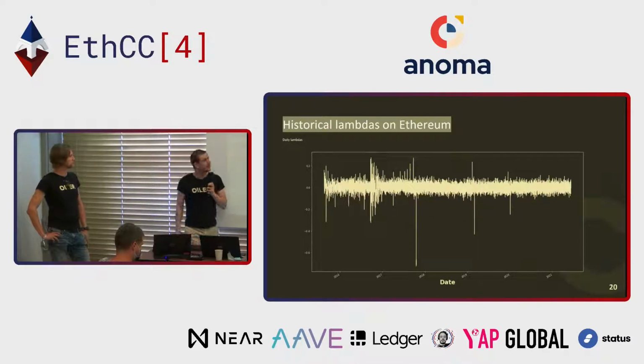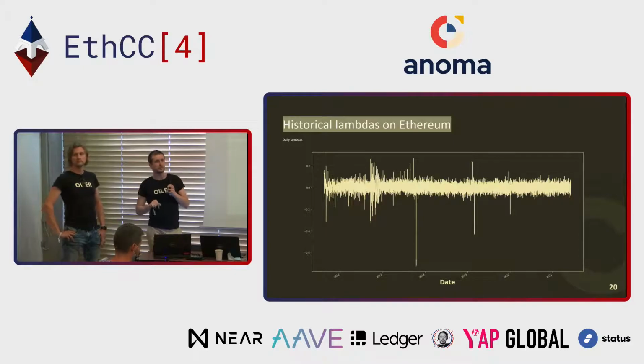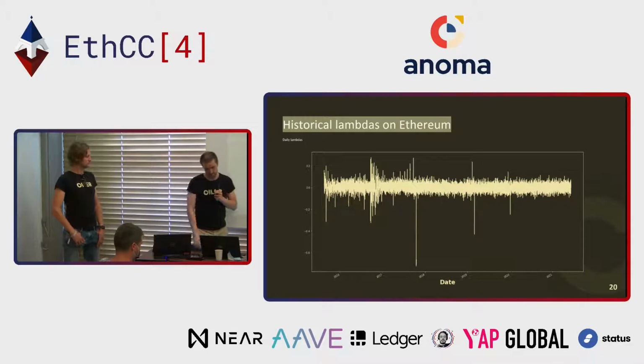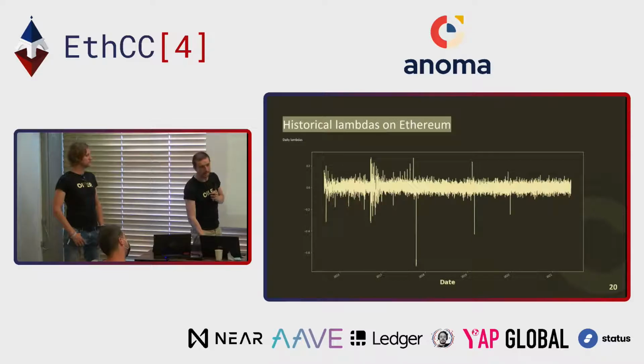And if you look at the daily lambdas, again, their mean over time is around 0, and they probably go up or down around 5% during the day, with obviously some standard deviations and some extreme movements over time. But what is important is that lambda itself is normally distributed, and the hash rate itself, as a result, is log normally distributed. And we can start building products based on that knowledge.